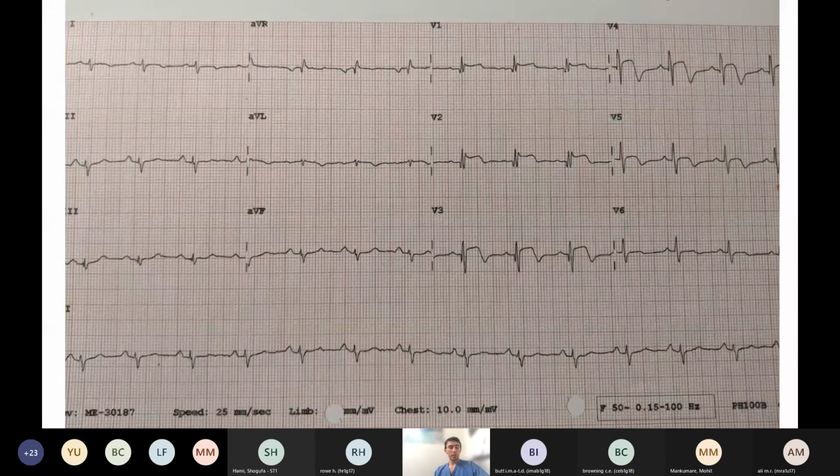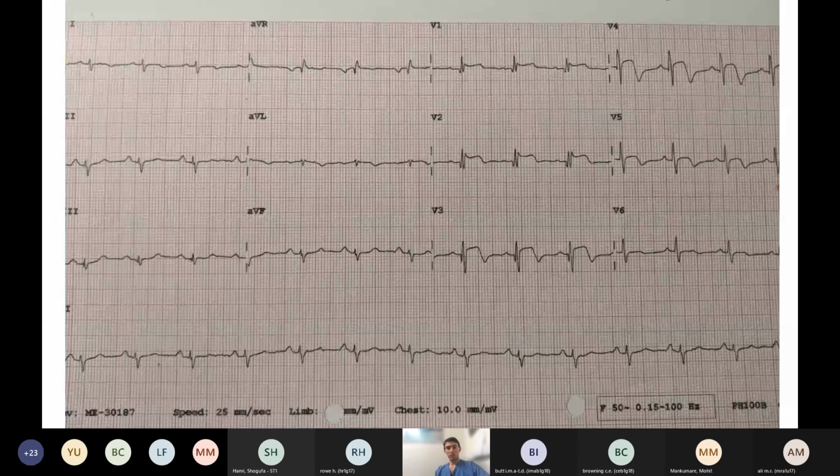The rhythm is regular. The axis, more challenging. I would say there's slight right axis deviation. There are P waves present. There are P waves for every QRS, and there are QRSs for every P wave. The QRS is narrow.